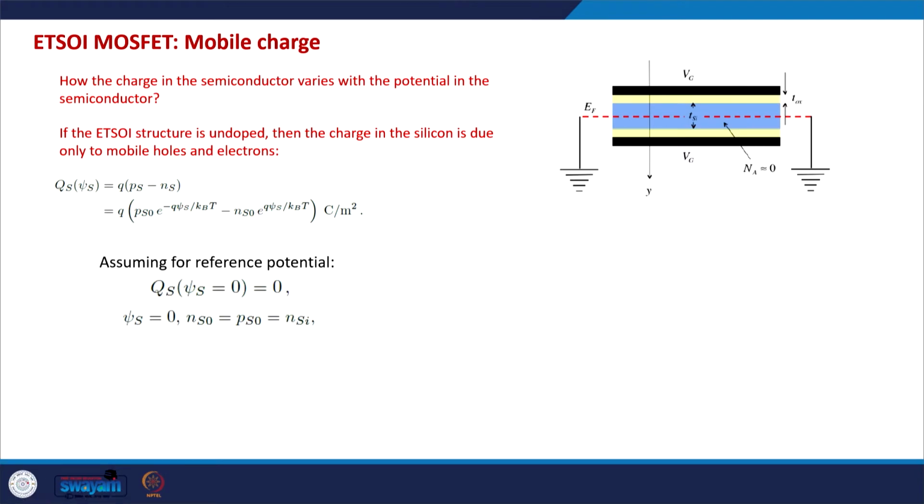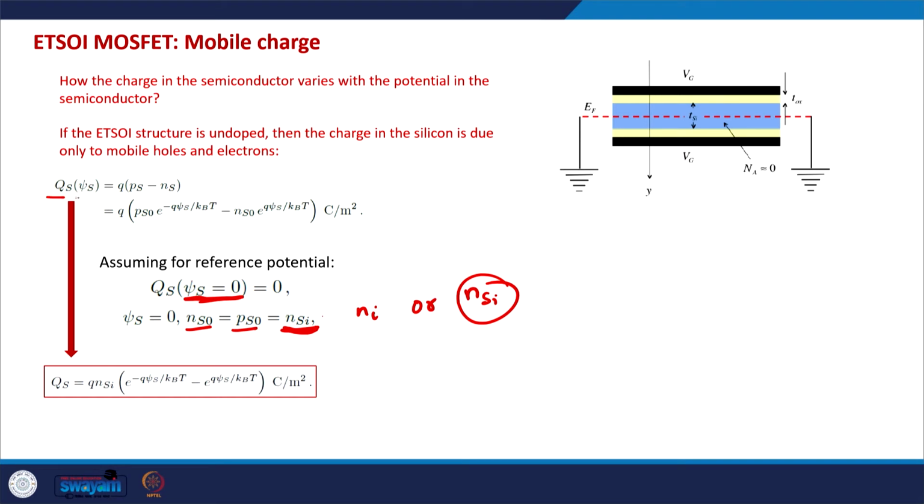Okay, so now let us assume that when the semiconductor potential is 0, which means we are operating at a reference potential, Ns naught and Ps naught are equal to the intrinsic carrier concentration of electrons and holes in the silicon. So Ns naught and Ps naught will be equal to Ni, or N silicon, and that is what we will replace in here.